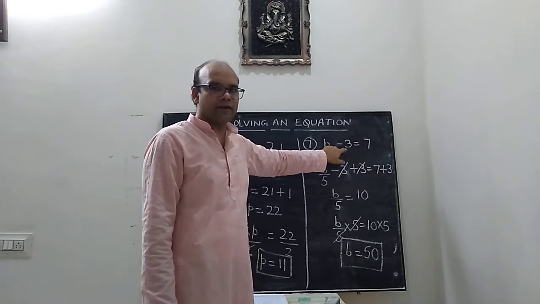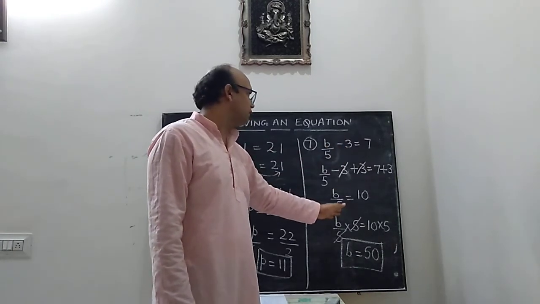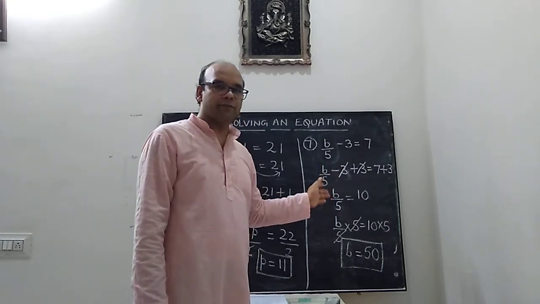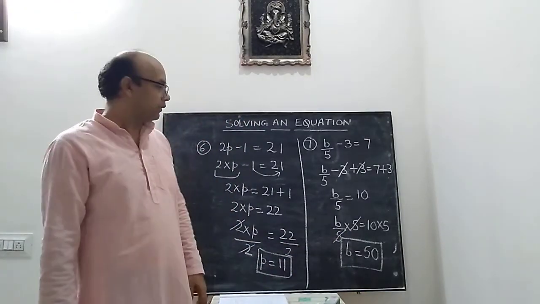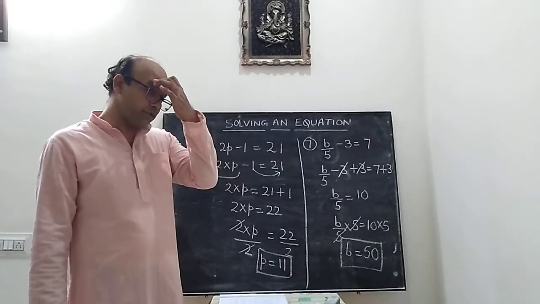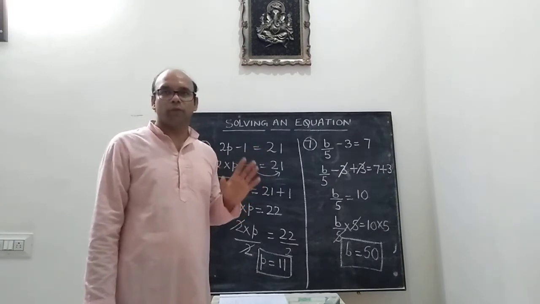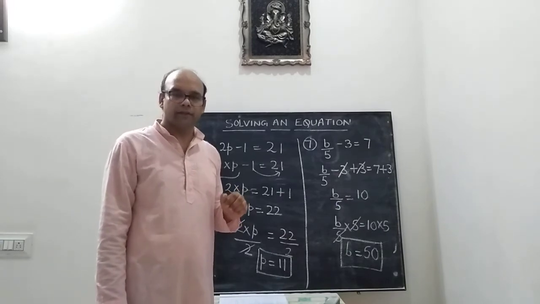So we first nullify the subtraction by adding 3 to both sides. Then we get b upon 5, then we multiply both sides by 5 to get b is equal to 50. So that has to be paid attention to. We must always pay attention to the operations and the terms involved.